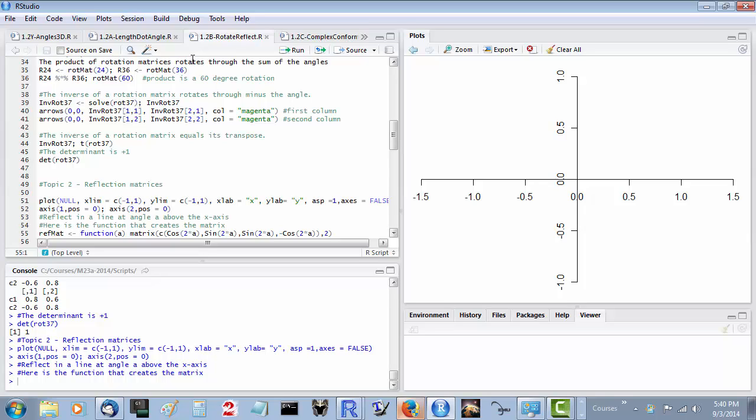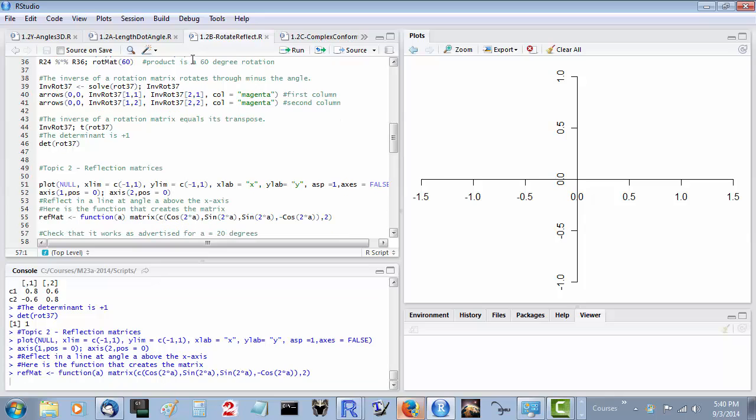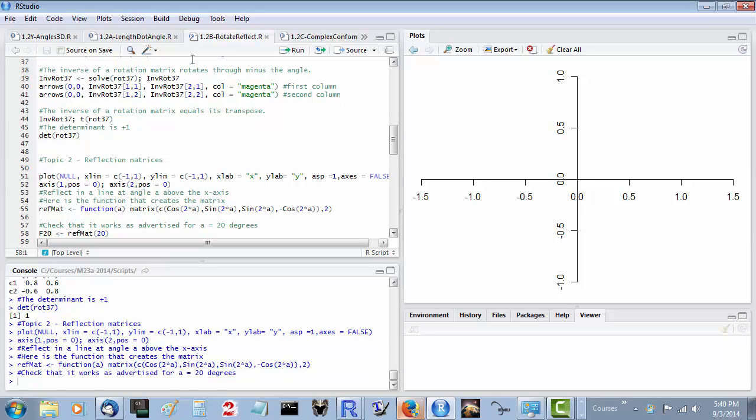Exactly why you need twice the angle will become apparent in a minute. So here we've got a function that creates a reflection matrix. Let's choose A equals 20 degrees and create that matrix. We'll call it F20. Since reflection begins with an R, just the same way rotation does, we'll use the first distinctive consonant in reflection, namely the F.